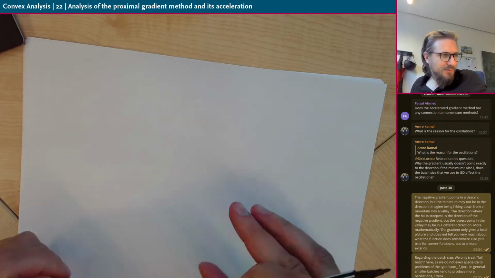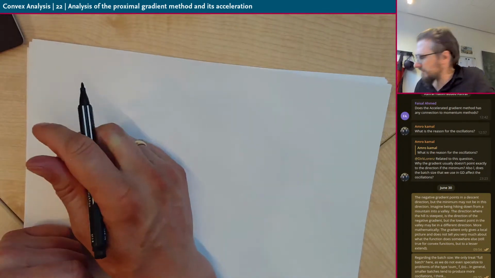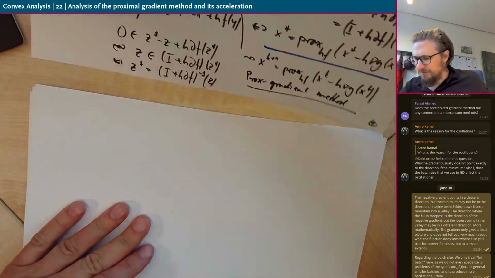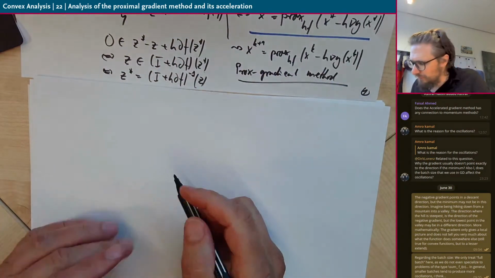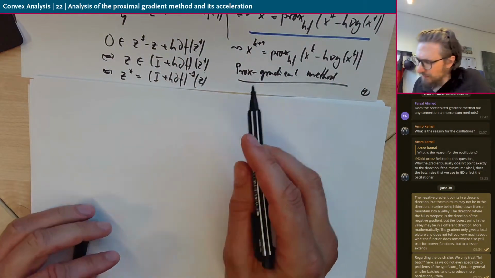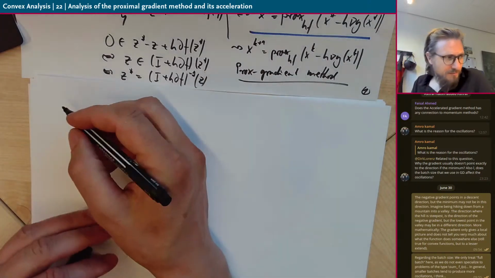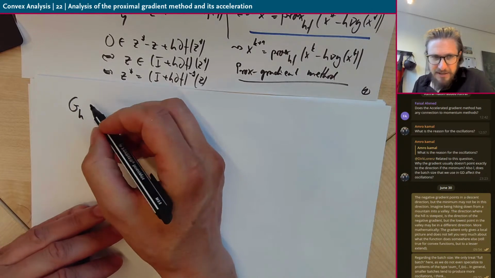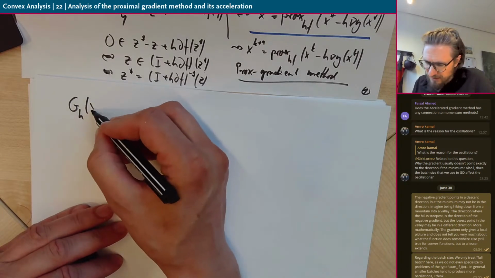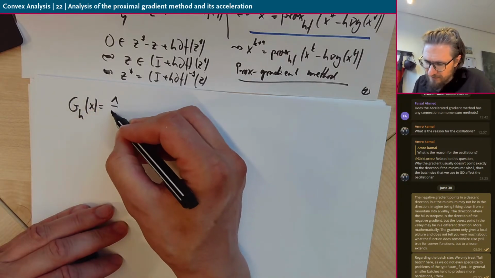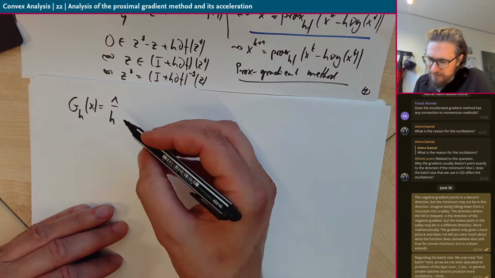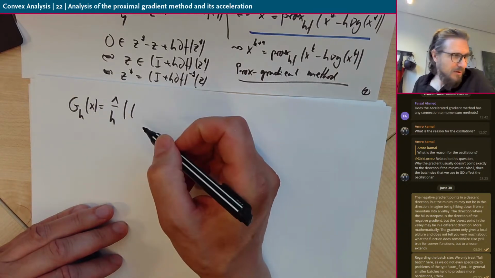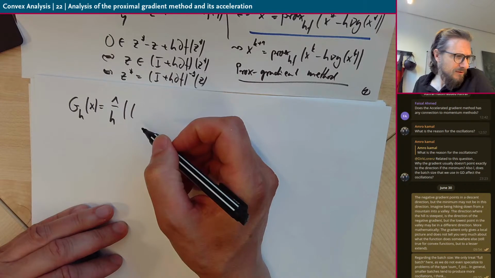We do it with an obvious reformulation. We introduce another map which we call capital G sub h of x as 1 over h, and there's a typo in the lecture notes, I already corrected just now, there's also one parenthesis too much.